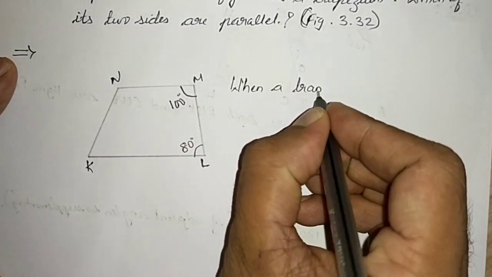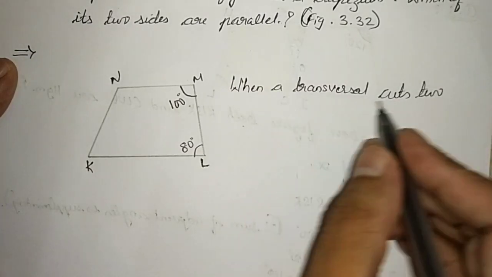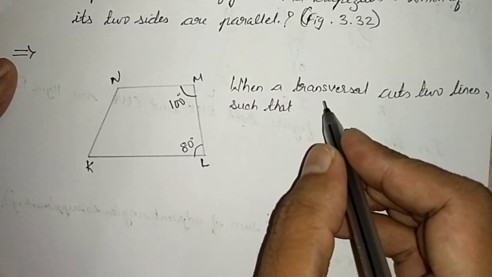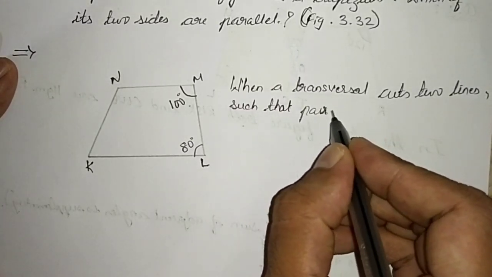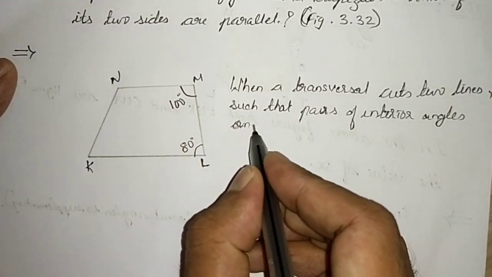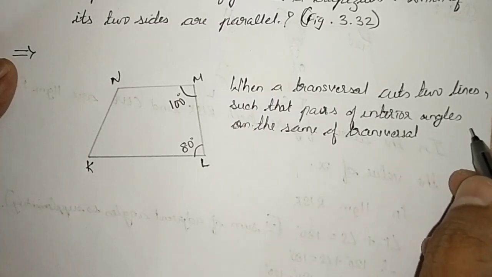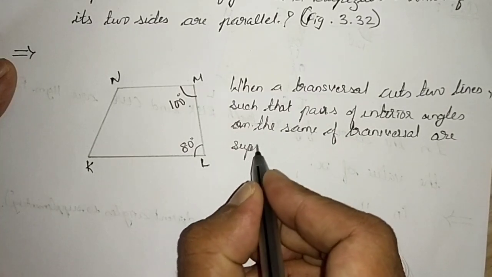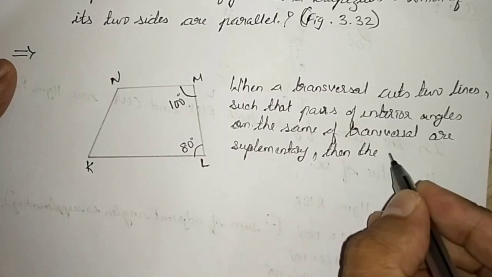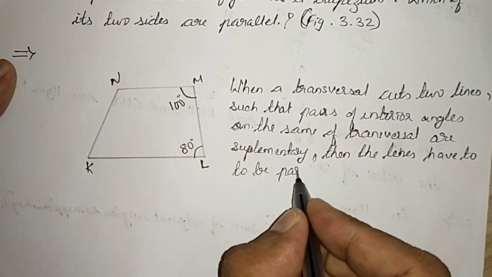When a transversal cuts two lines, see properly, I have written two lines, not parallel lines, such that the pair of interior angles on the same side of the transversal are supplementary, then the lines have to be parallel.